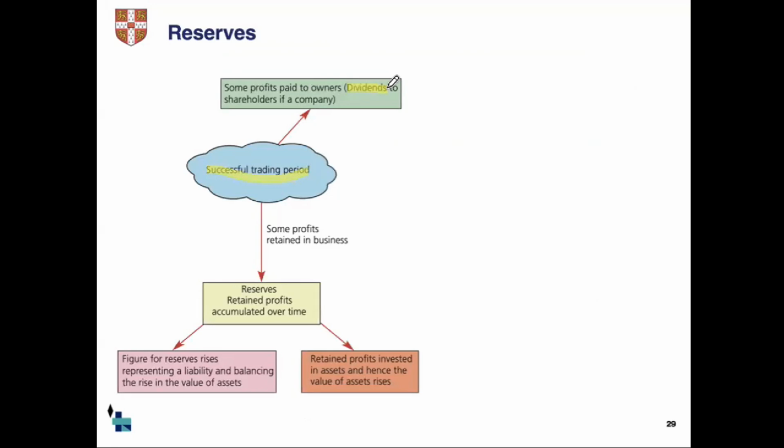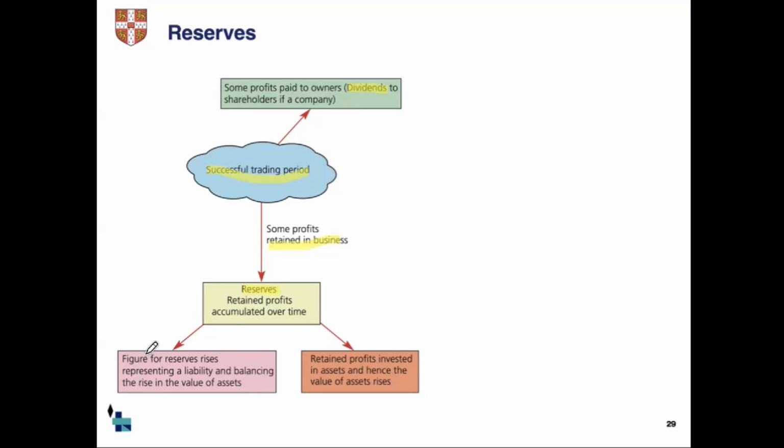However, some of these profits are also retained in the business, and it is these retained profits that will finance future growth of the business. These retained earnings can be used to buy assets and increase the value of the business. All right. So it says that retained profits or reserves are retained profits that are accumulated over time.